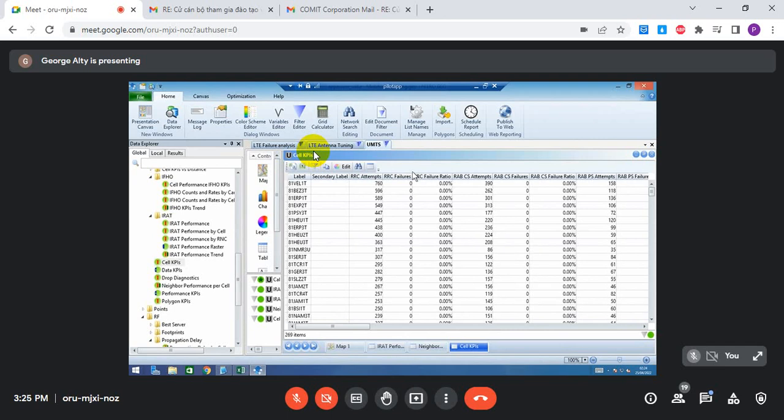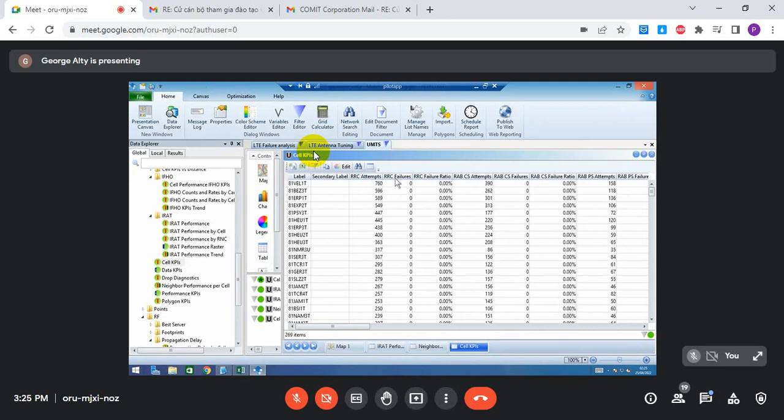Okay. Now, what we're looking at here is the cell KPIs. So from this, for example, let's have a look at the RRC failures. There's the attempts, there's the failures. It's logical then that attempts and failures lead to blocks, doesn't it?